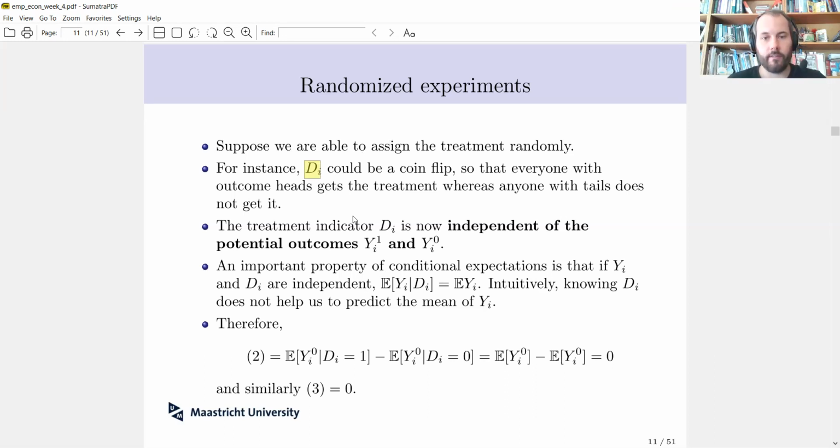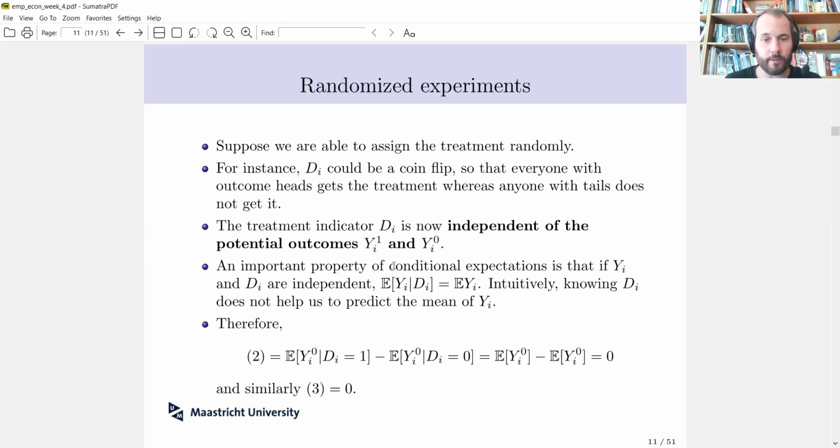And the big difference that this random assignment makes is that now the treatment indicator is independent of both potential outcomes. Since I don't even look at these people, I just flip a coin, it's completely independent. Now, why is this so important?